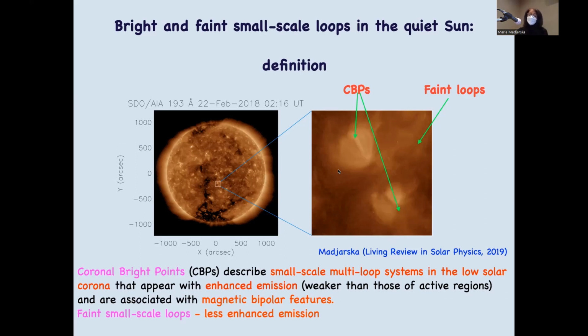So the term coronal bright point was introduced, and the definition describes a small-scale multi-loop system in the solar atmosphere, which appears with enhanced emission. You will hear later how high in the solar atmosphere. But as I mentioned before, around these bright loops there also exist very faint loops, and they form the background emission, or the background of the solar atmosphere, when active regions are not present.